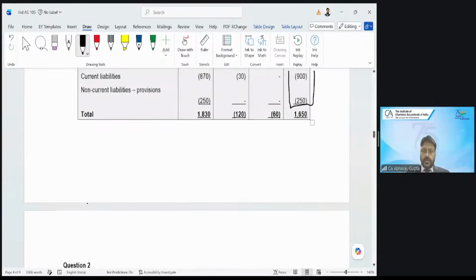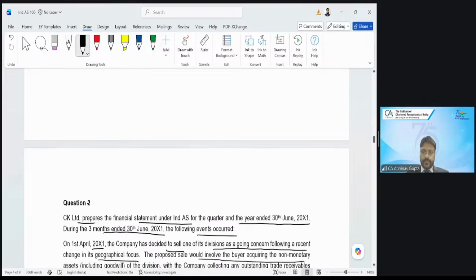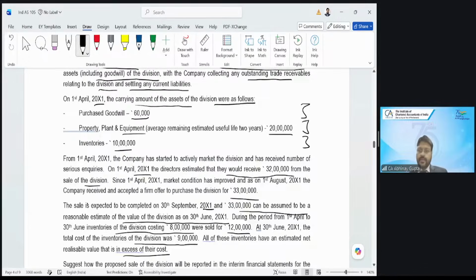If we go back to the question, it is given here, the carrying value 20 lakh. Because our fair value less cost to sell is higher than the carrying value, we continue to carry the disposal group at the carrying amount only.